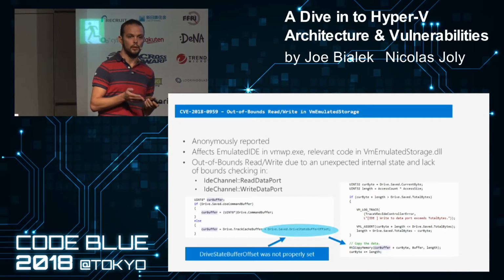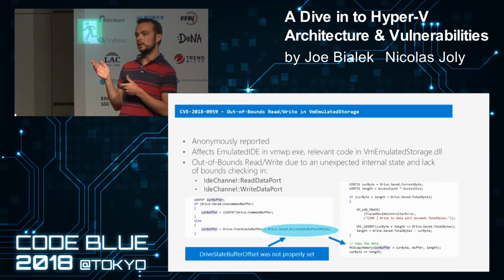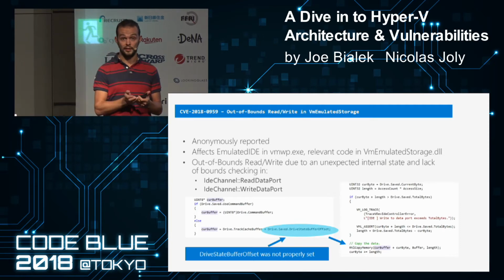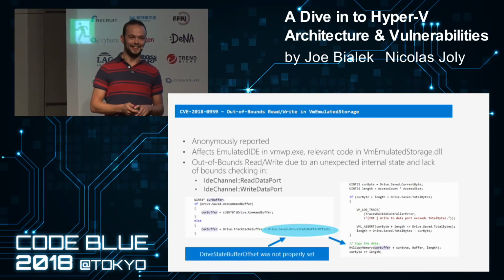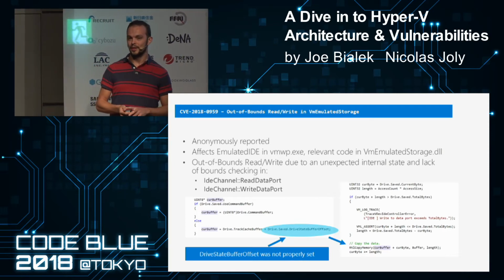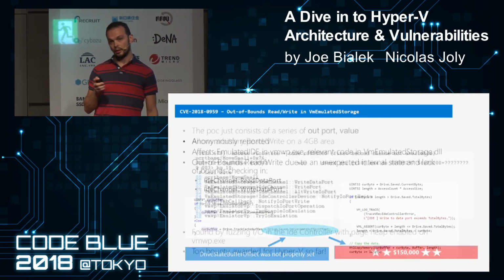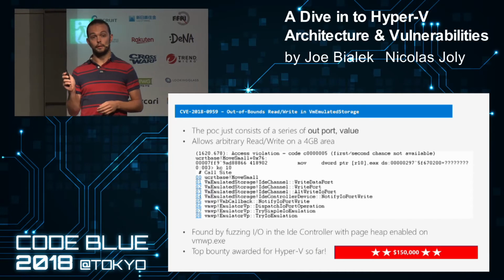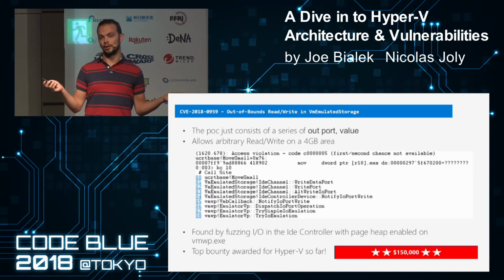And if the internal state is set to a particular value, then it's going to use an offset to index into an internal buffer. And this is where the bug is. So the guy who found that just fuzzed quickly the IOs and managed to get a crash involving this buffer.